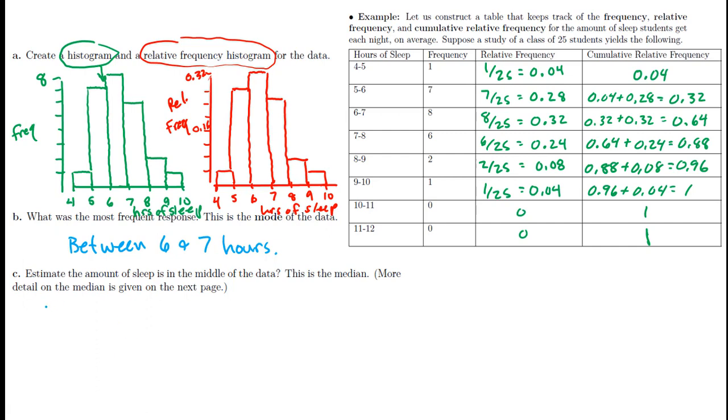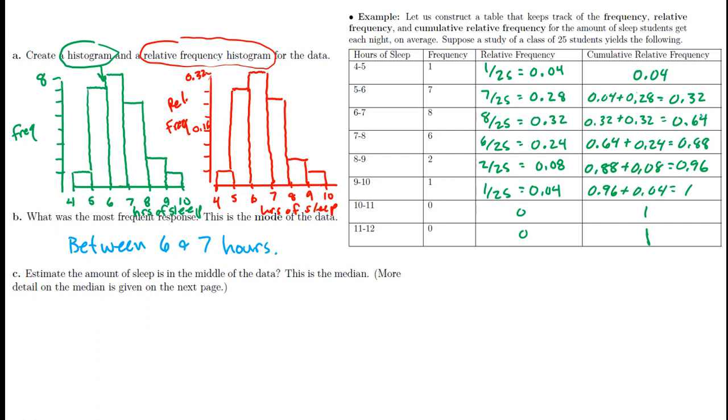All right, part C then says estimate the amount of sleep that is in the middle of the data. In other words, if we lined the class up from who gets the least amount of sleep to who gets the most amount of sleep, if we picked the person in the exact middle, so that'd be the 13th person, how much sleep are they getting per night? Well, that's something we can figure out, and we can use the cumulative relative frequency to help us, right?